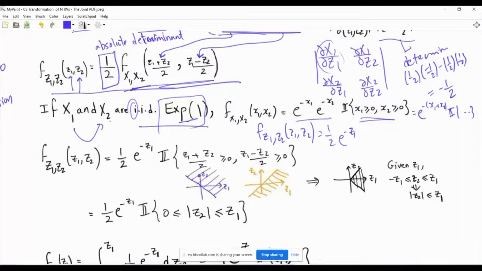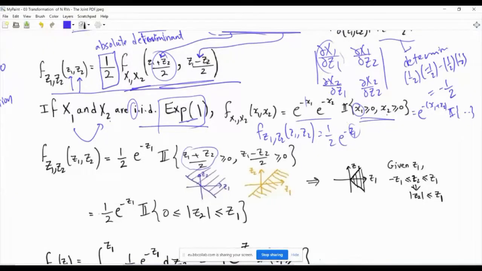If you can get it correctly, I don't care how you arrived at the correct solution. But if you want to proceed carefully and make sure you don't commit mistakes, keep the indicators. They are very important, because when you replace x1, say by z1 plus z2 over 2, you should replace it everywhere in the definition of the PDF, including inside the indicator function. So it is not just that we take x1 plus x2 and replace it by z1. The x1 is also replaced by z1 plus z2 over 2.